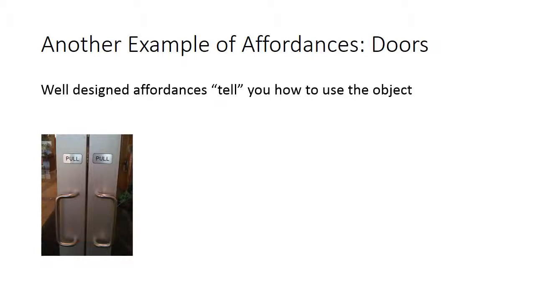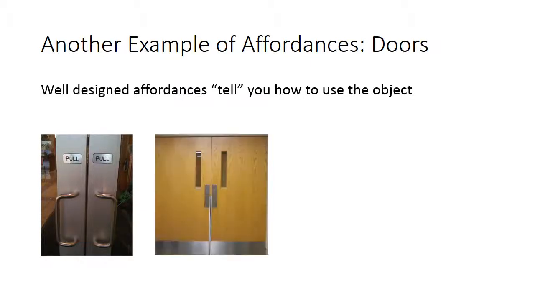Handles afford pulling. So when you look at that door and you want to figure out how to operate it, I would suggest to you that the word "pull," which is training, right? You're training the person how to use it, is redundant. You don't really need to say pull because the affordance suggests pulling. Handles suggest pulling.